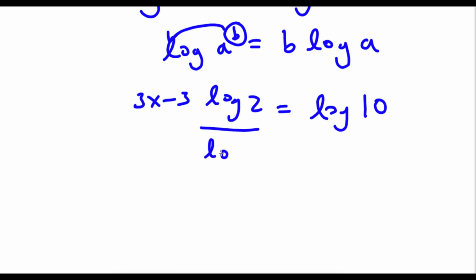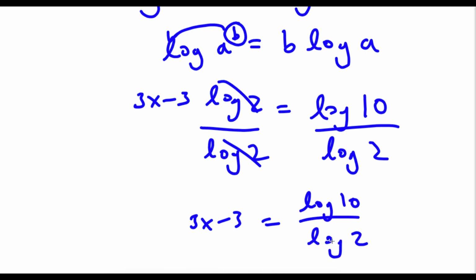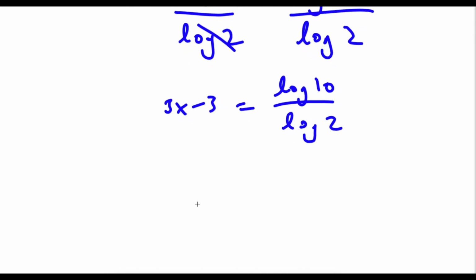Now I can divide both sides by log 2. So then these two cancel out, and I'm left with 3x minus 3 is equal to log 10 over log 2. Now log 10, this is the same thing as 1. So now I have 3x minus 3 is equal to 1 over log 2.